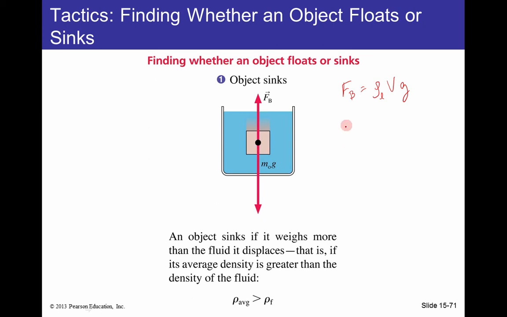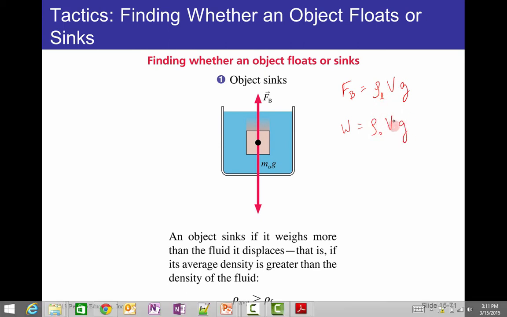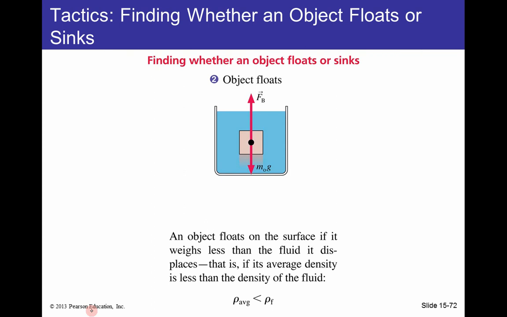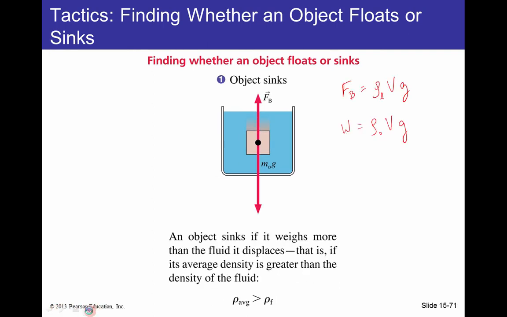And the weight of the object is just the density of the object times the volume times g. These volumes and this g are the same. This is gravity. So it all depends on the density. If the density of the object is greater than the density of the liquid, then the object sinks. If it is less, the object floats. So this is the situation when it floats. This here is the situation when it sinks.